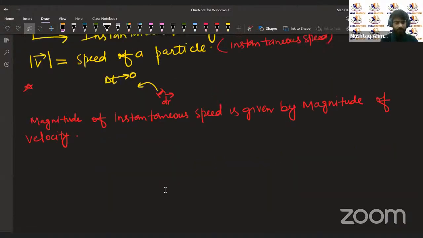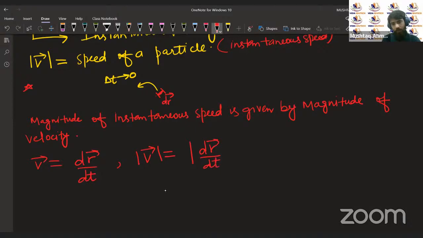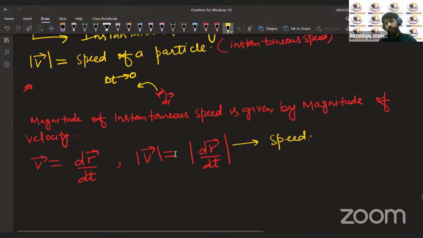Our instantaneous velocity is equal to dr vector upon dt. If we find the magnitude, that is the modulus of v, that is the modulus of dr vector upon dt. This represents the magnitude of velocity as well as the speed.